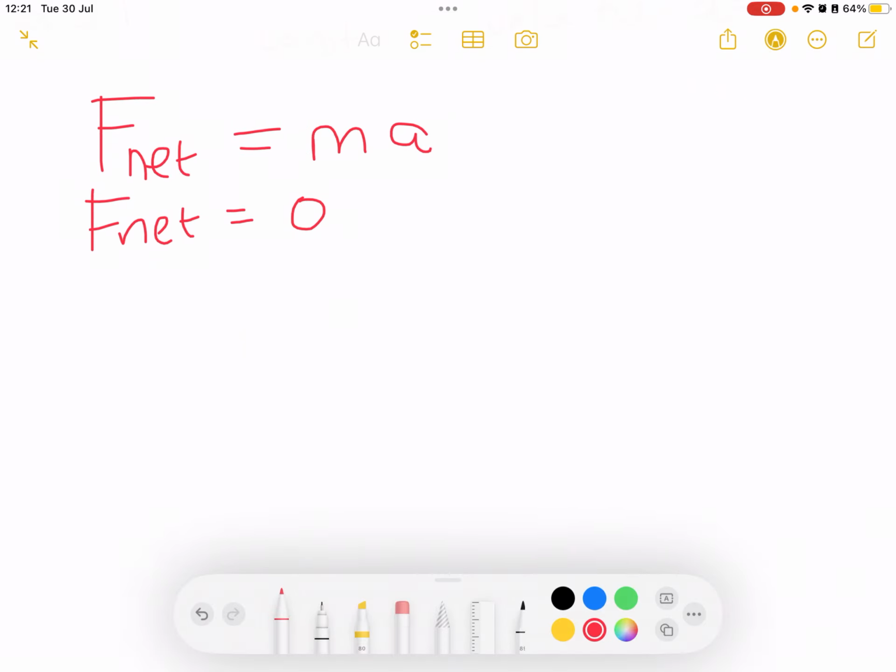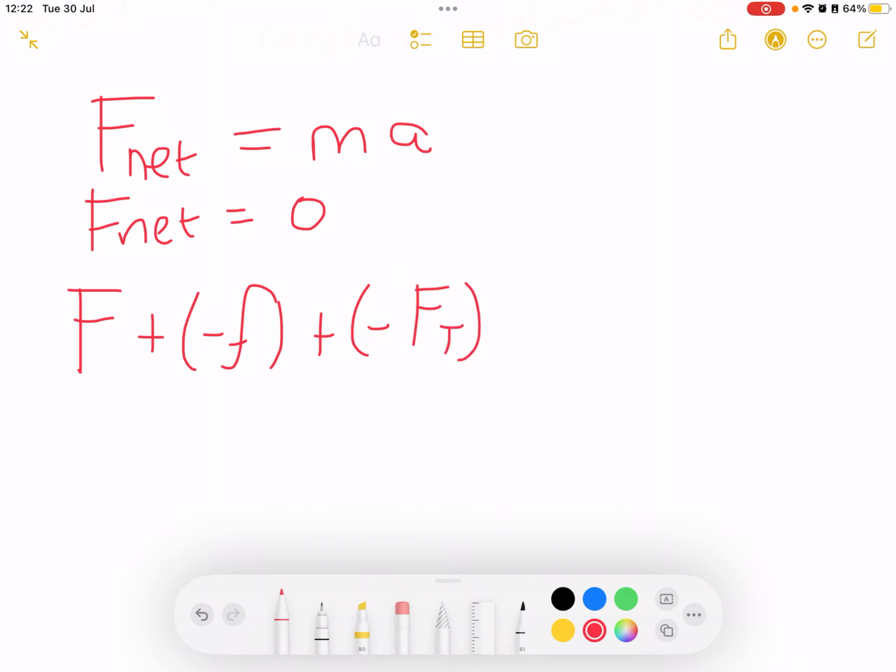Now, if we take the force F, which is the force applied, we combine it with the negative friction plus the negative tension, because we're choosing our left direction to be the positive side.